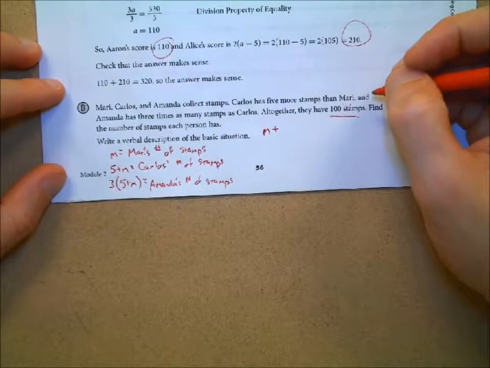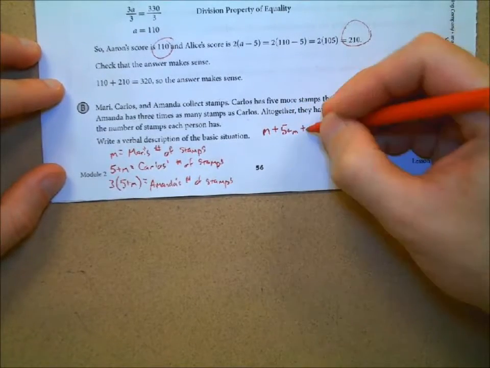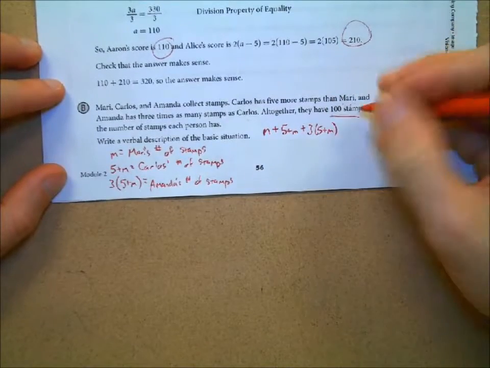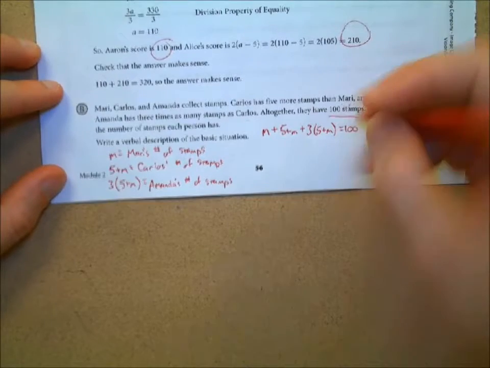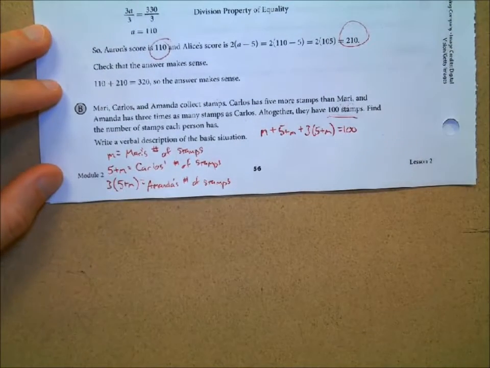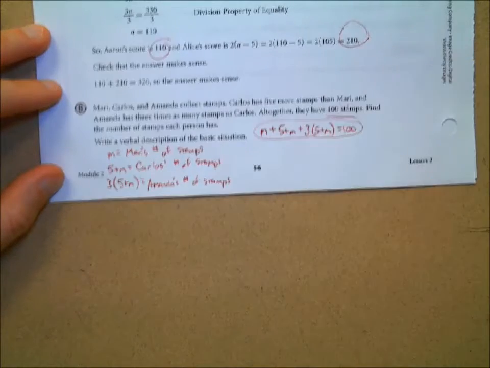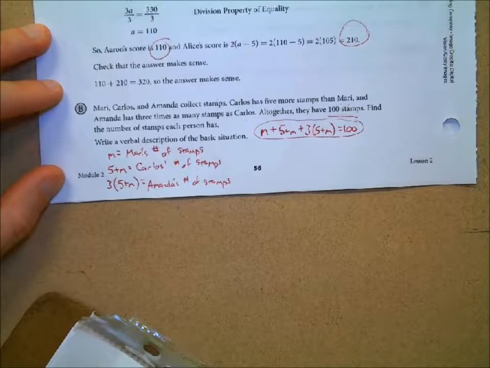Carlos, which is 5 plus M. And who else? Amanda, 3 times 5 plus M. That's got to equal what? 100 stamps. Okay, there's the equation right there. And again, that's half the battle. If you can get to this point, you're doing real well.